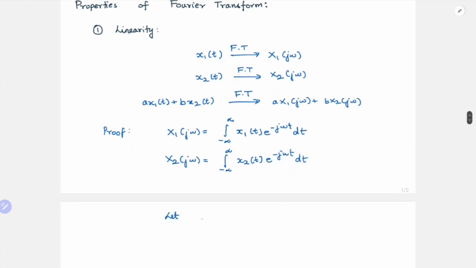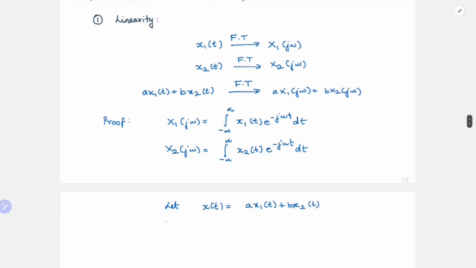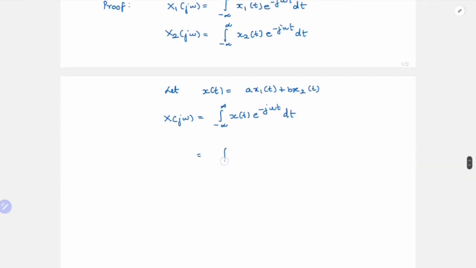Now let x of t be a x1 of t plus b x2 of t. So what will be the Fourier transform of x of t? X of j omega is nothing but integral x of t e power minus j omega t dt. Now I can substitute this, right? So I'll get a x1 of t plus b x2 of t into e power minus j omega t dt.